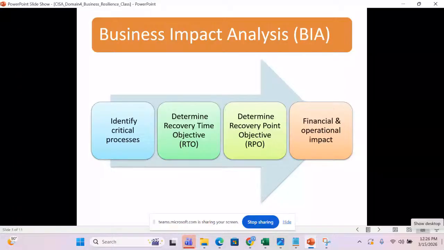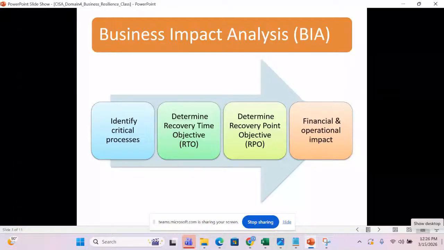Remember I stated that you have already highlighted your processes into high, medium, and low, and then you want to determine your recovery time objective. We have said that the recovery time objective is the minimum downtime that your business can allow.